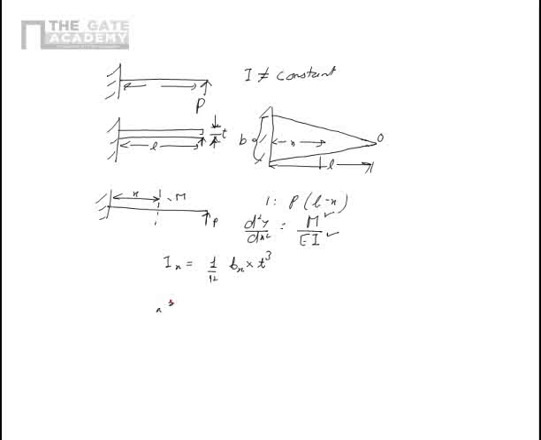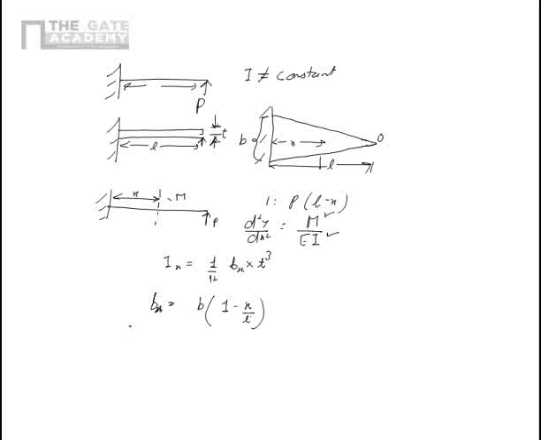So bx is nothing but b, the maximum, times (1 minus x upon L), because it is linearly changing. So you see the variation of width being linear, it drops down from the maximum value of b to 0 at the free end or at the load end.